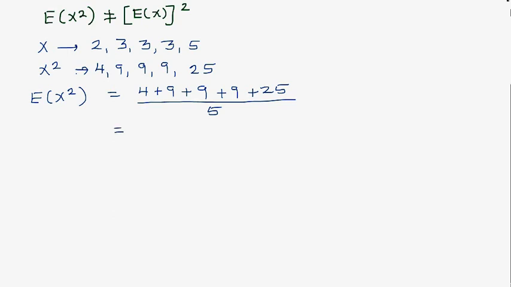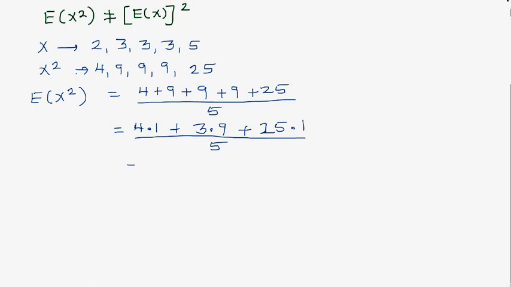So this is 4 times 1 plus 9 times 3 plus 25 times 1. What I have said is 4 is coming 1 time, 9 is coming 3 times, and 25 is coming 1 time.